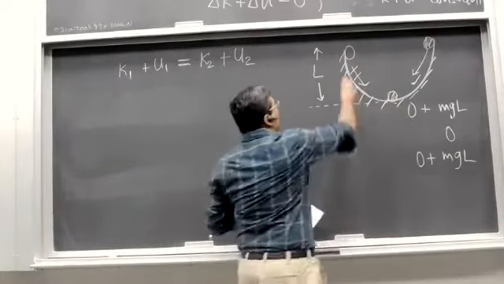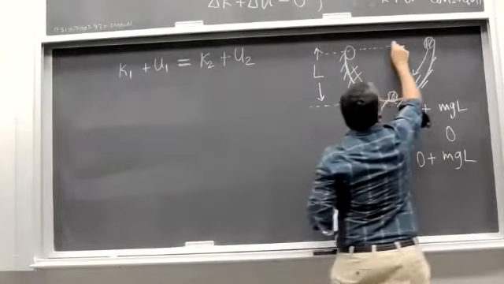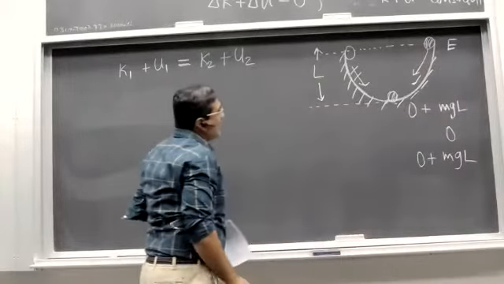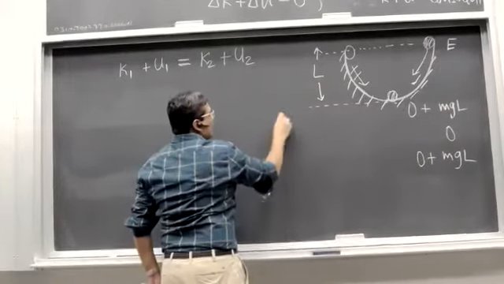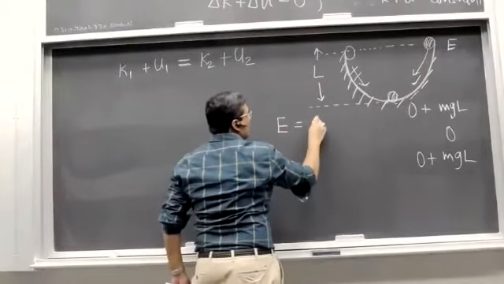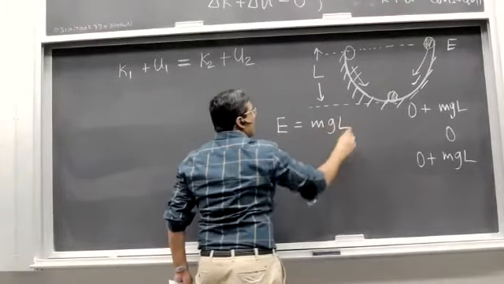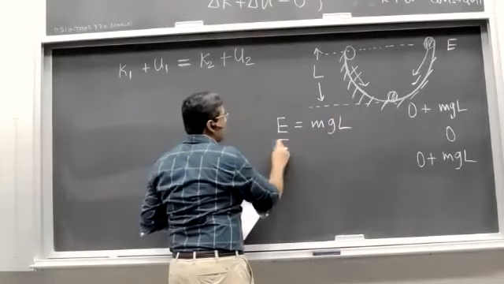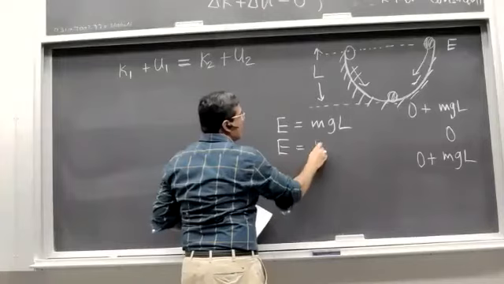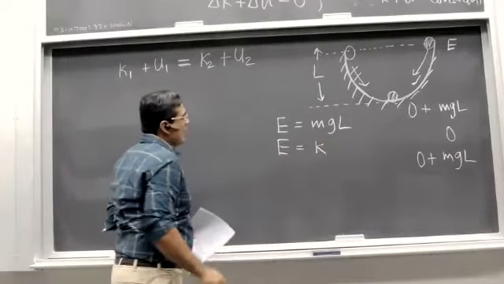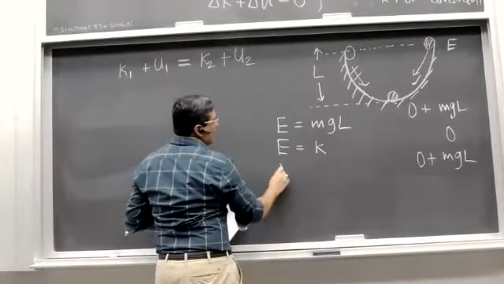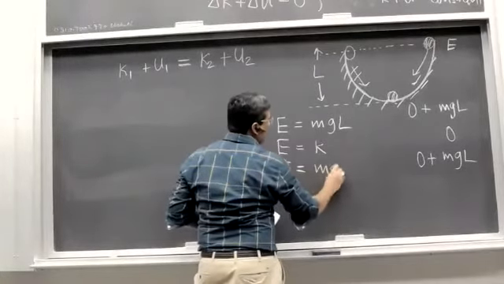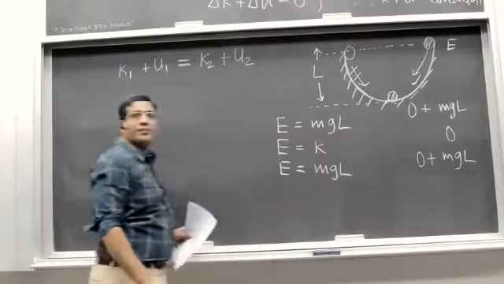So let's say that its total energy is given by this quantity E. In the very beginning, the total energy would be equal to just mgl. At this extreme, its total energy would be equal to K. And at the other extreme, the total mechanical energy would be again equal to mgl.